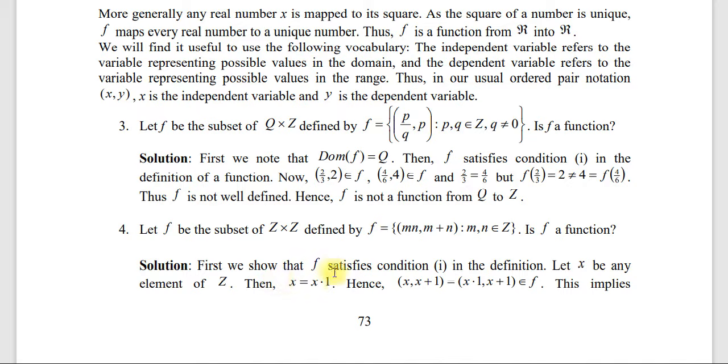First, we show that f satisfies condition 1. In the definition, let x be any element of Z. Then x equals x times 1. Hence, (x times 1, x plus 1) is an element of f.